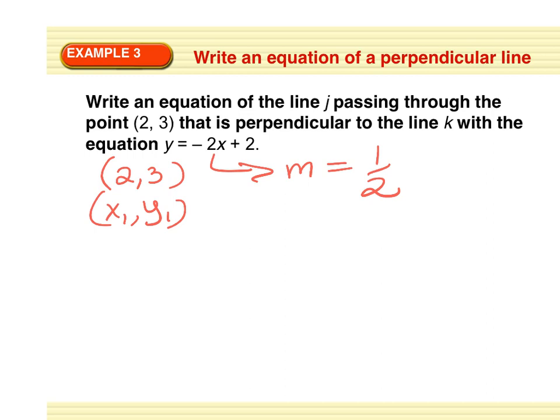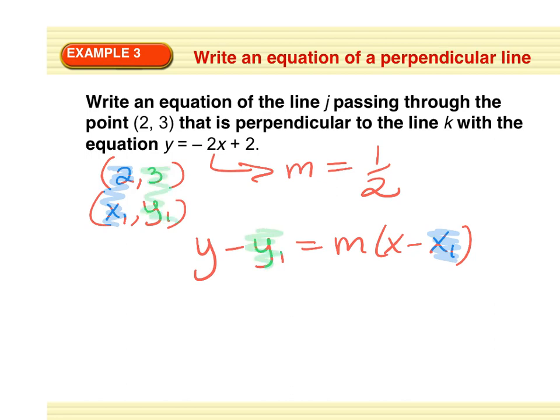So let's plug it in. y minus y1 equals m times x minus x1. Again, let's put the x1 in blue, the y1 in green, and then the slope is going to be plugged in here in red. So let's plug them in.